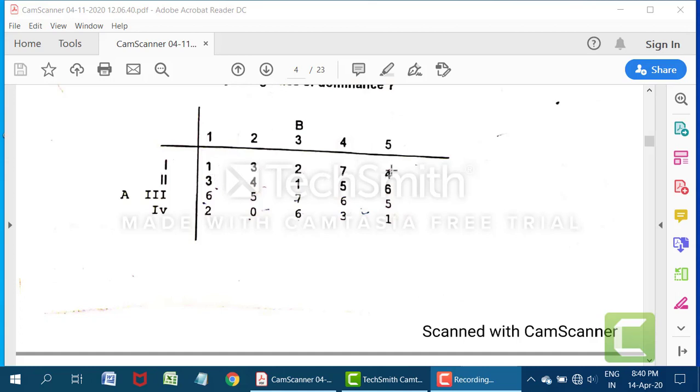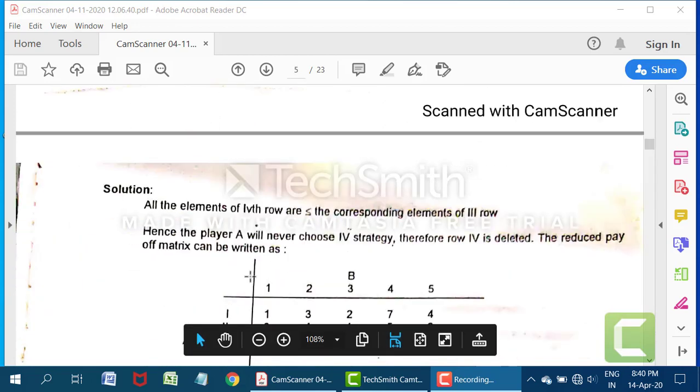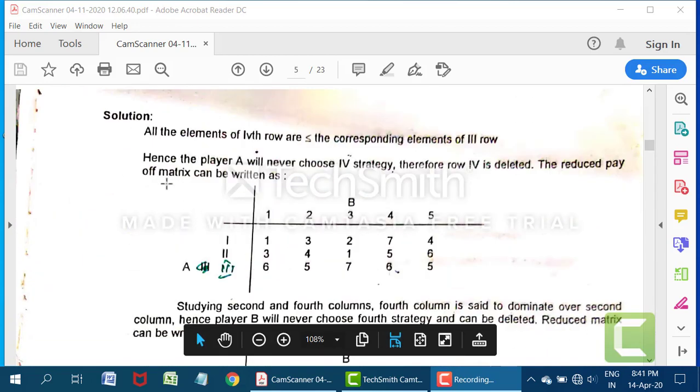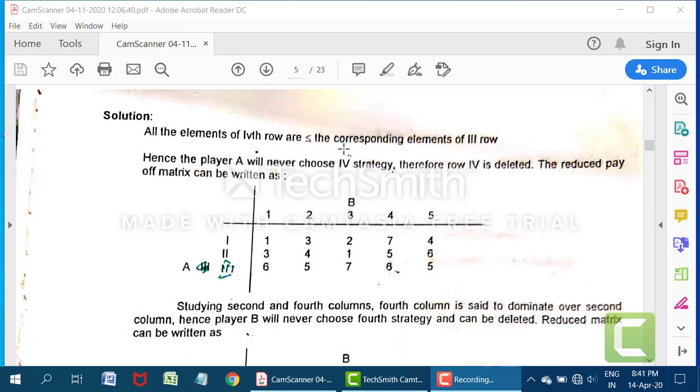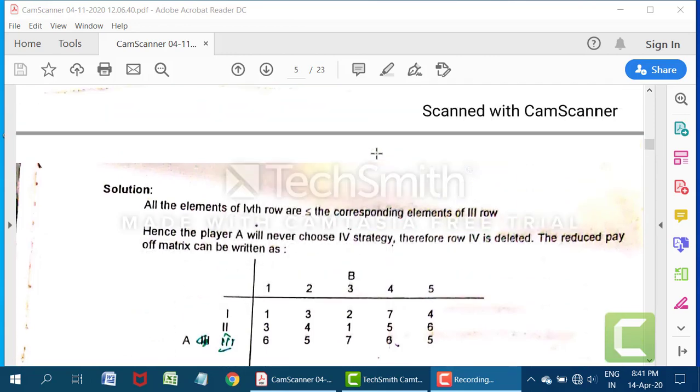1, 3, 2, 7, 4. 3, 4, 1, 5, 6. 6, 5, 7, 6, 5. 2, 0, 6, 3, 1. So what it says, first see here. All the elements of the fourth row are less than or equal to the corresponding elements of the third row.